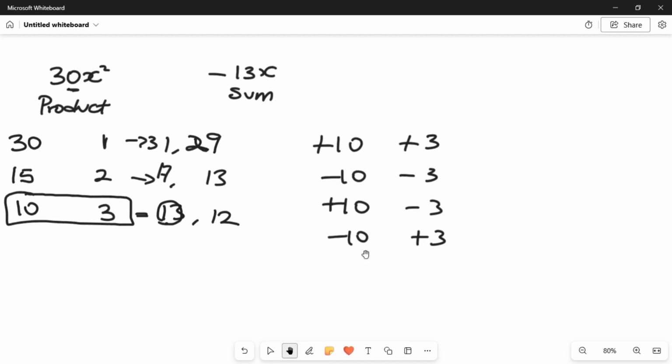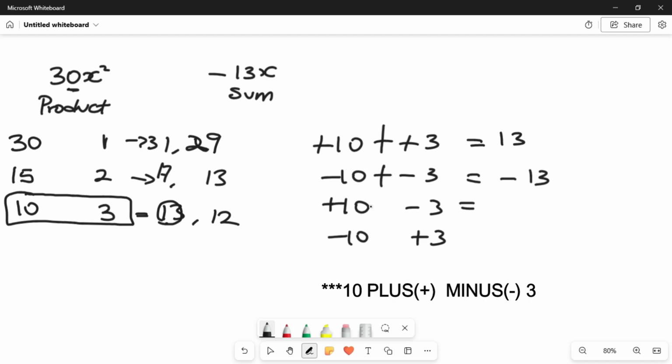So now, remember the second condition says the sum of these two numbers must give us minus 13. So the first one, 10 plus 3, obviously that will give us 13. The next one, minus 10 plus minus 3, is going to give us minus 13. The next one, 10 plus minus 3, will give us 7.